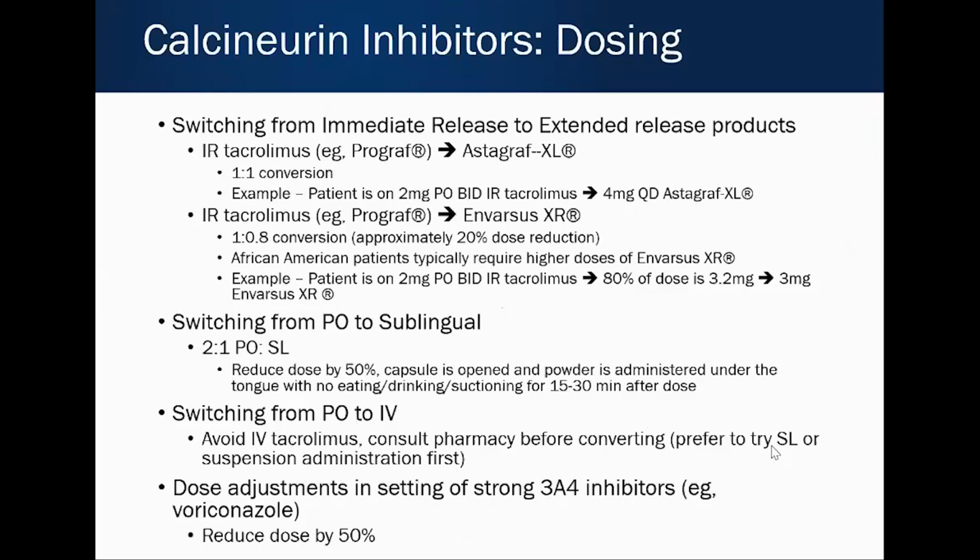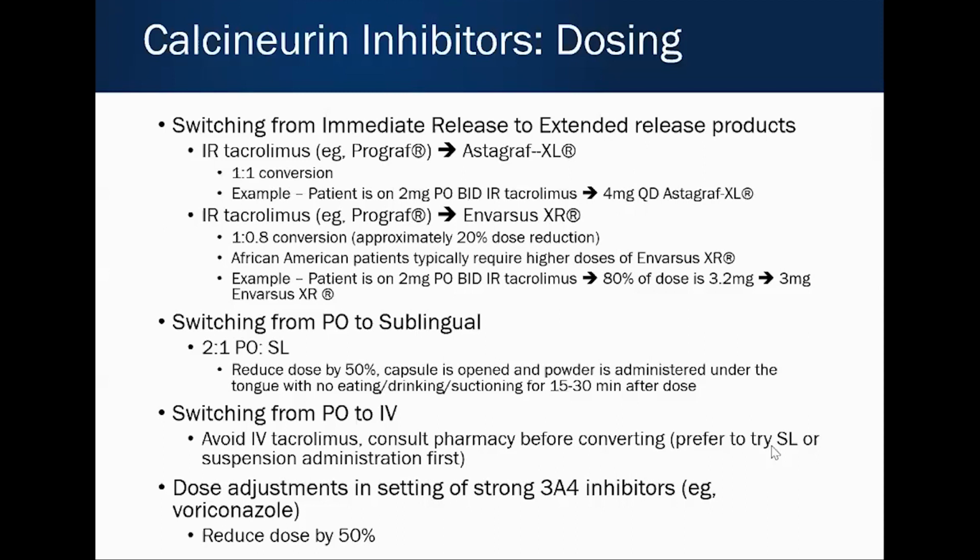So if a patient's on 2 twice a day of immediate release Prograf, that would be 4 milligrams of Astagraf XL. And then obviously that would be flipped if a patient were to be on Astagraf at home and they come in and they need to be switched to immediate release product. For the Envarsus, it's roughly a 1 to 0.8 conversion, so approximately a 20% dose reduction. African American patients do typically require higher doses of Envarsus XR. Just something to keep in mind.